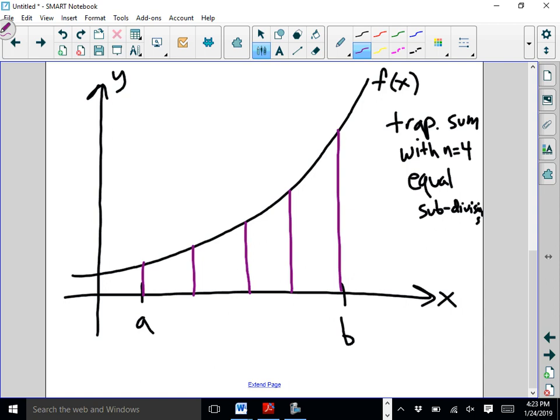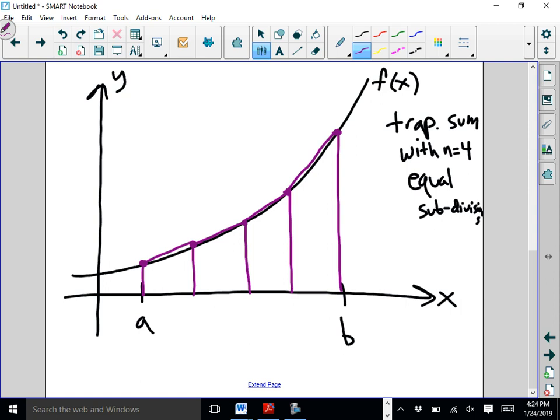So it's going to look like this. And do that for each one. Now all I have to do is find the area of those 4 trapezoids.